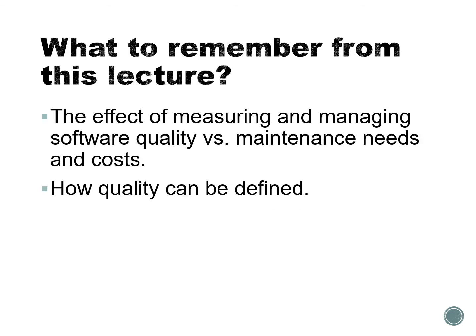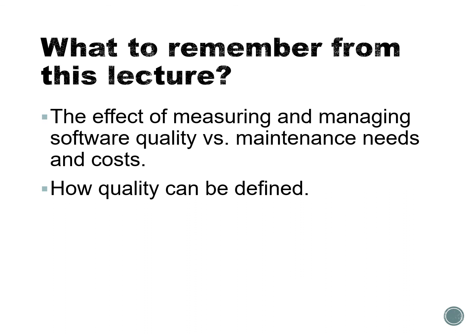Okay, so this lecture about software quality and in general how you should understand the software quality so that you can measure it or define it or how to maintain it with your software development practices can be summarized as this.